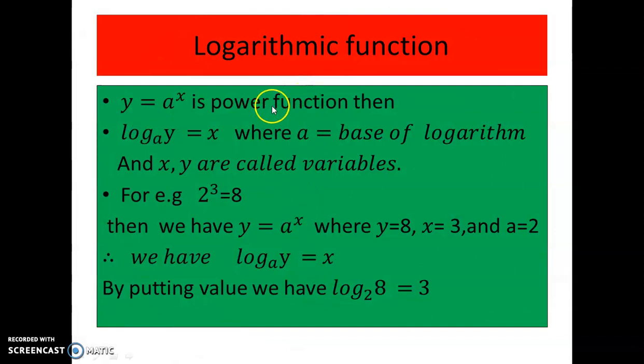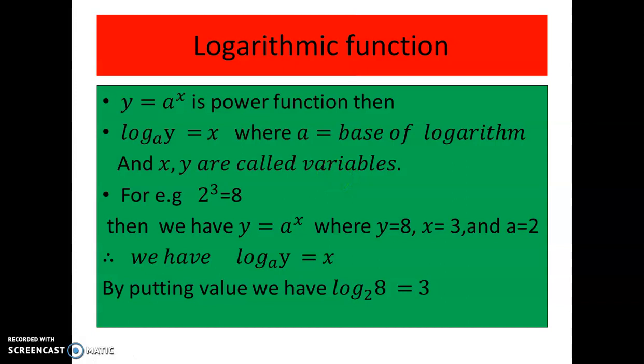In a mathematical way, the logarithmic function is defined from y is equal to a raised to x, the power function we just discussed above. We convert the exponent function or power function into the form log of y to the base a is equal to x, where a is the base of the logarithm and x, y are called variables.